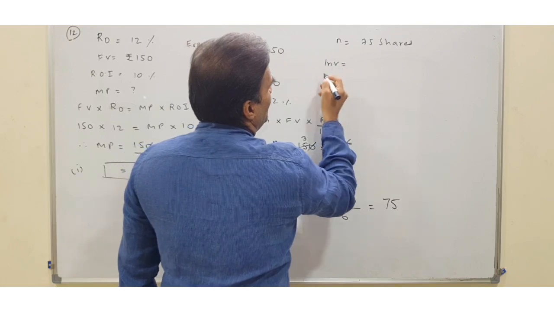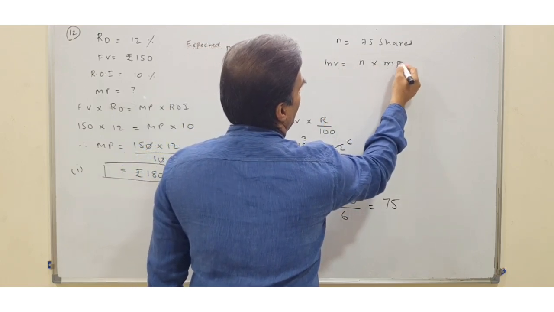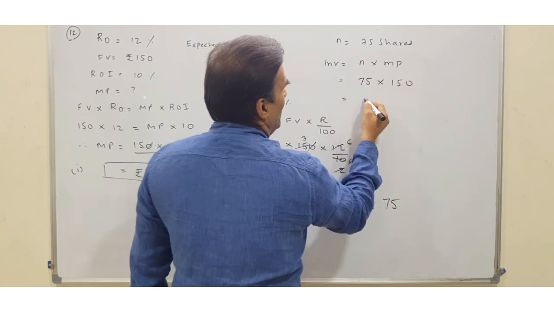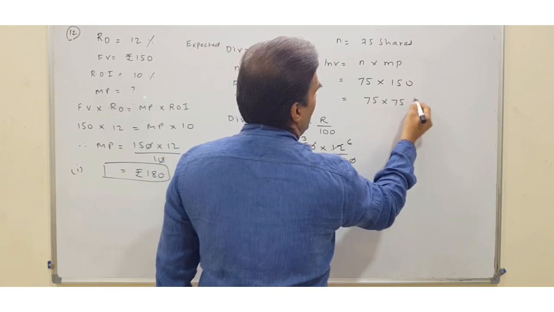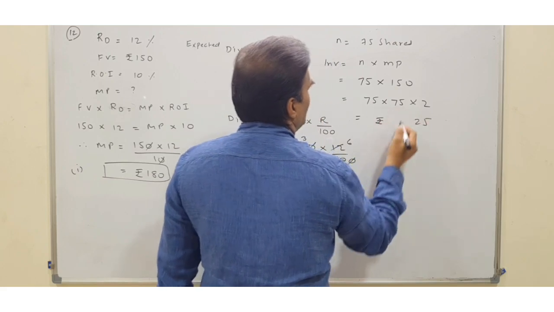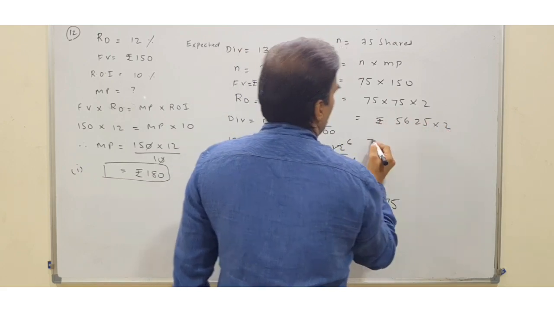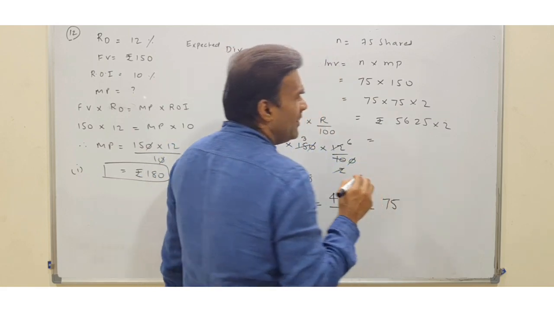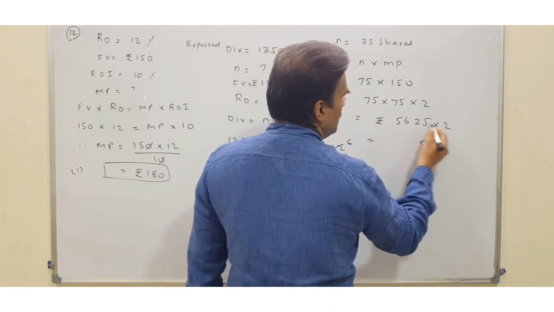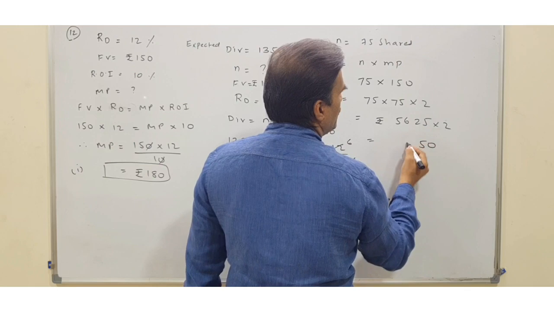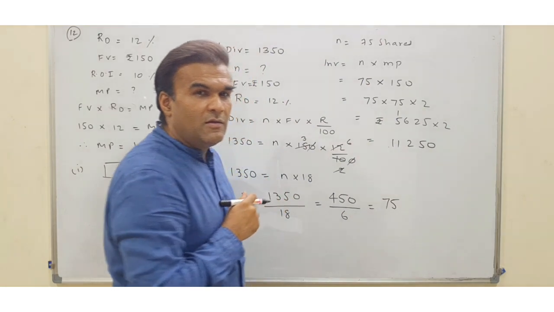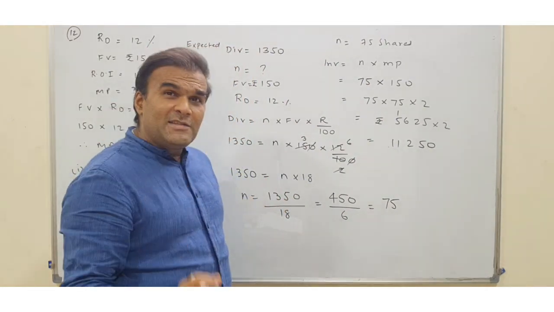What is the amount to be invested? Sir, investment would be number of shares into market price. How many shares? 75. At what price? 150. So when you multiply 75 into 150, the answer is 11,250.